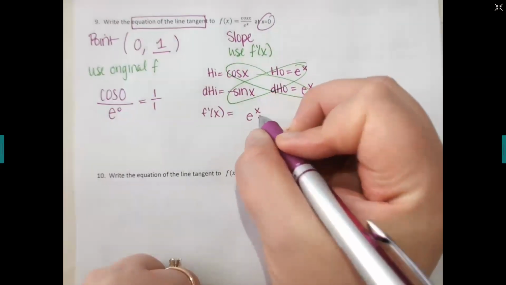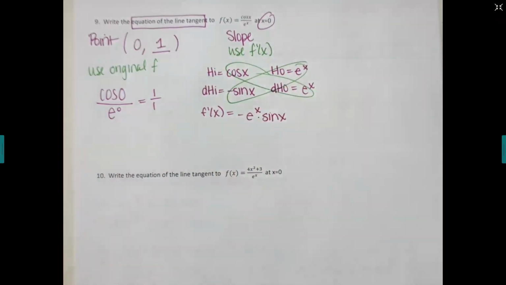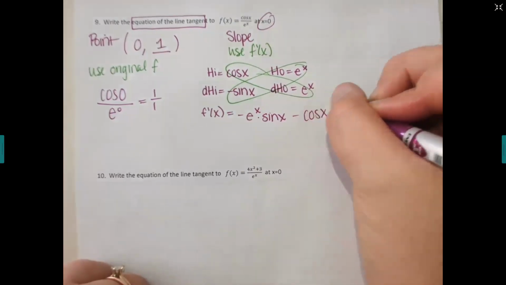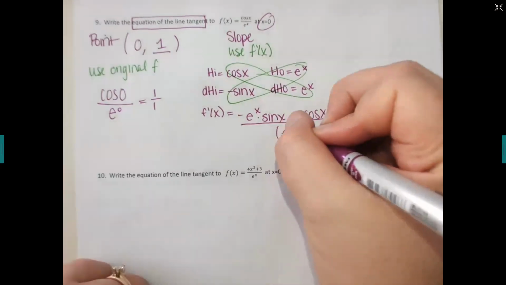But remember, I'm going to steal the negative and put it in the front, so it doesn't look like subtraction. So e to the x times minus sine x, just pull that negative to the front. Okay, remember, quotient rule is a minus in the middle, and then e to the x times cosine, all divided by ho squared, which would be e to the x.